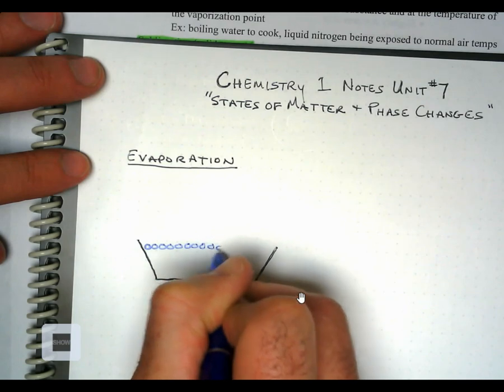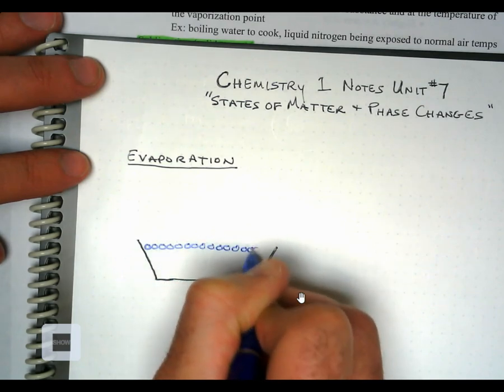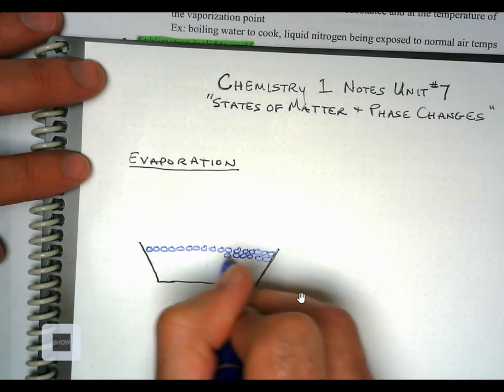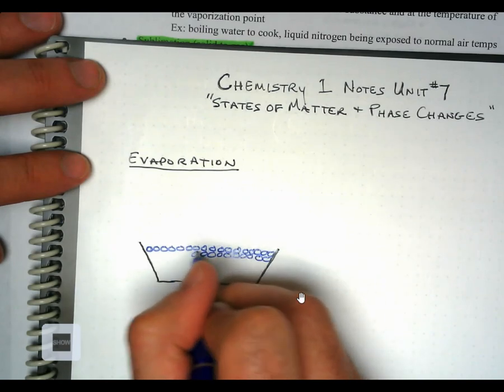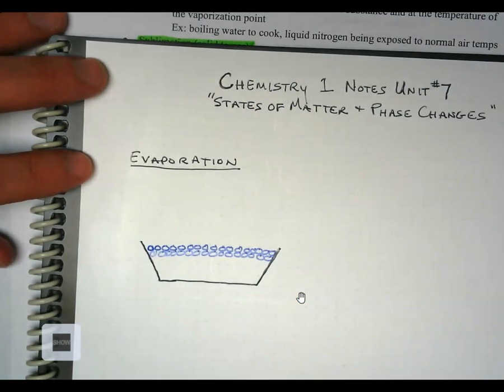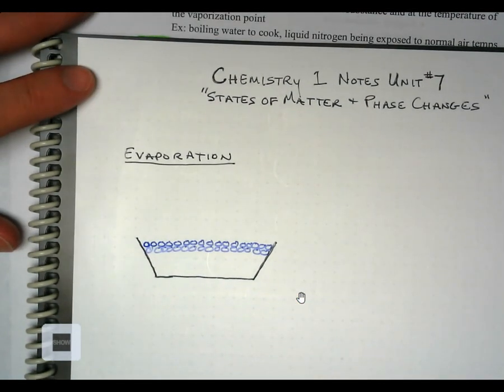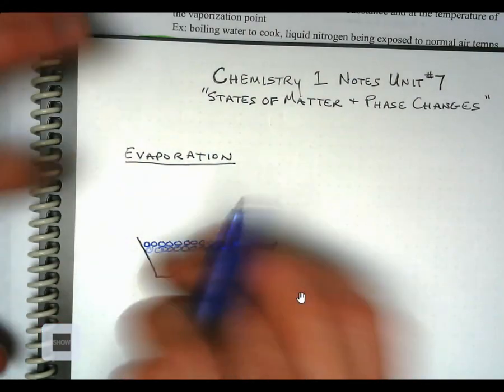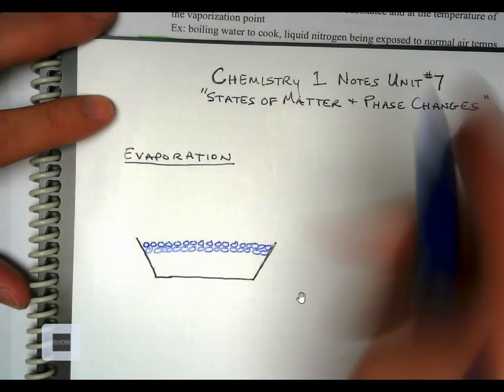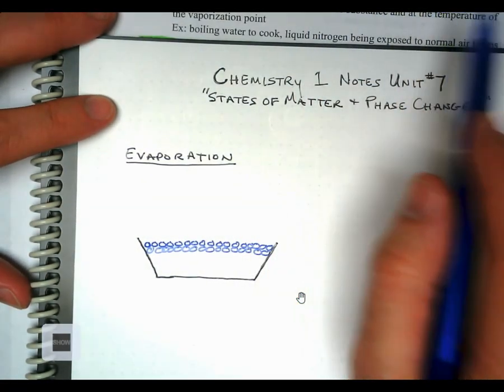Okay. I'm not going to fill this all in. I'm just going to do a couple of layers. But so you've got water and the water molecules, right? Okay. Evaporation occurs at the surface.